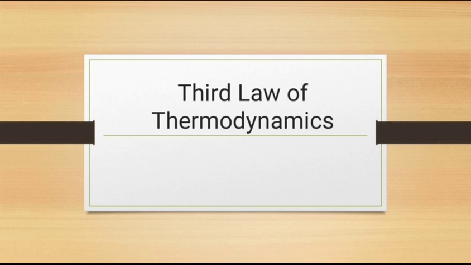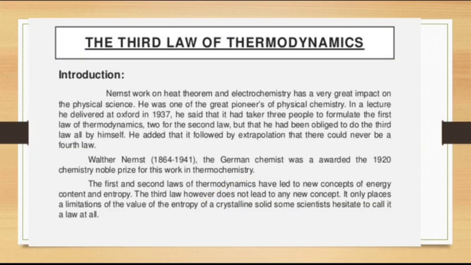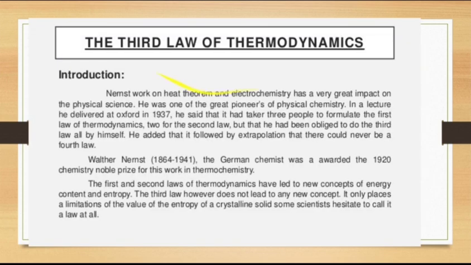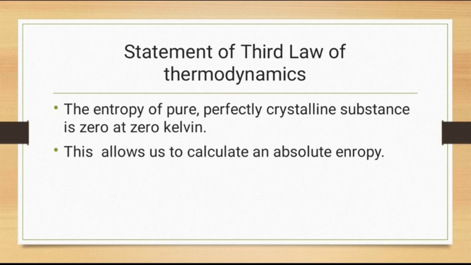So, we will see the next statement of the third law of thermodynamics. The entropy of a pure perfectly crystalline substance is 0 at 0 Kelvin temperature. This is our main statement of the third law of thermodynamics, and initially we have seen one statement which is related to the temperature which can be attained.